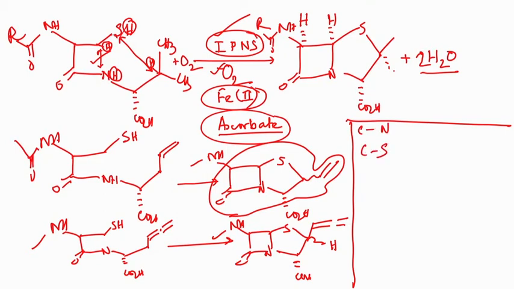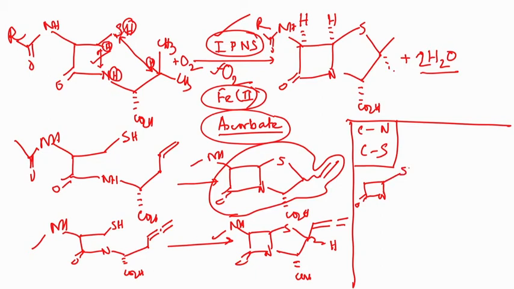Which bond is formed first? In mechanistic organic chemistry, the first question is which bond is formed first. Because if this carbon sulfur bond is formed first, that means you get a macrocycle in the beginning like this, and then the carbon nitrogen bond is formed. The other possibility is that the carbon nitrogen bond is formed first. The question is which is the intermediate for this reaction.